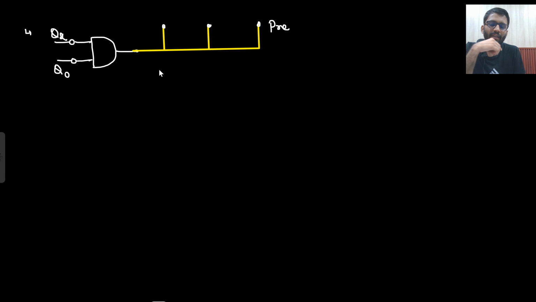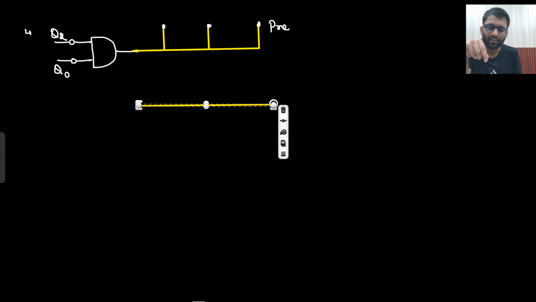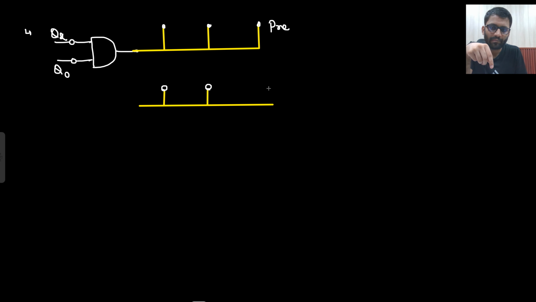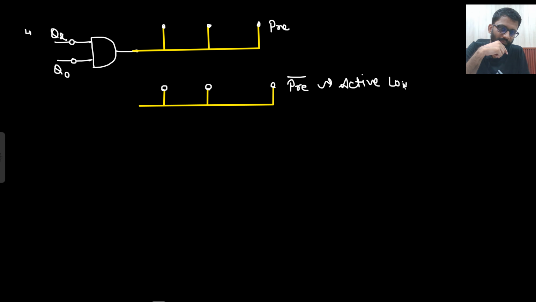What if instead of this design here, we had one bubble here, if my pre was active low? Generally in the examination, if active low is there, they will write it as pre bar. So pre is active low, and from there I got to know that it is active low.